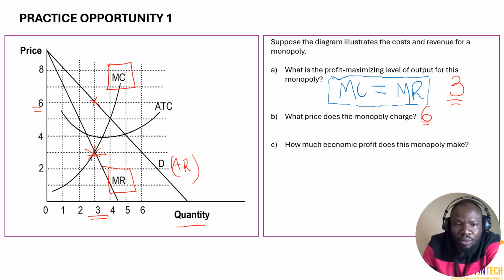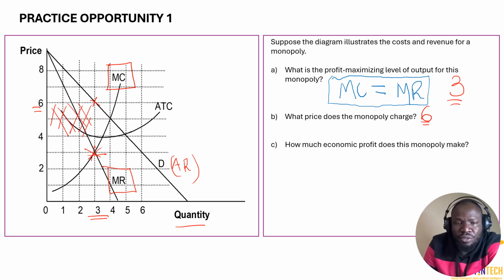So the minimum point is a 4. The profit would then be the difference between the money coming in and the money going out, times the number of units sold, which we said is going to be 3. This is the area here. This is a rectangle.